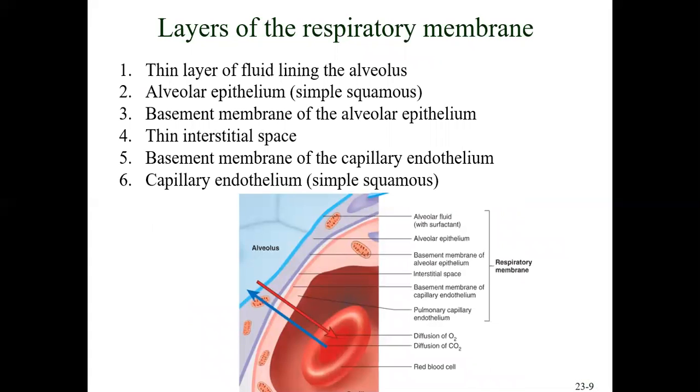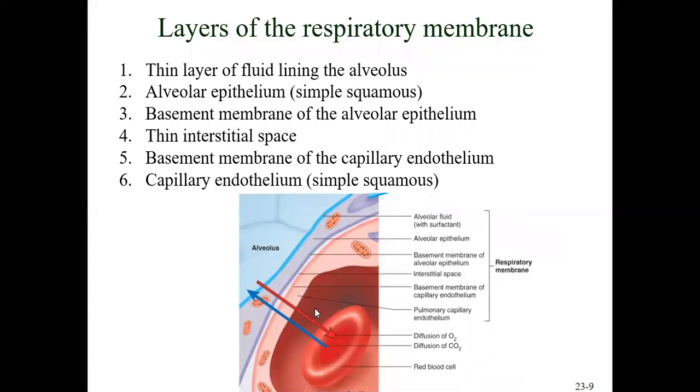Now let's take a closer look at this respiratory membrane. There's really 6 main layers to the membrane that oxygen and carbon dioxide have to diffuse across in order to go through gas exchange. This little box you see at the bottom of the slide shows you the respiratory membrane, and on the extreme left, this is what it would look like on the inside of the air sac.